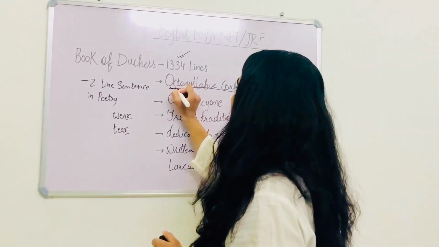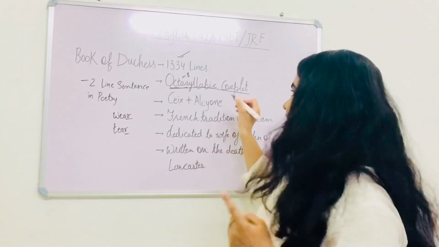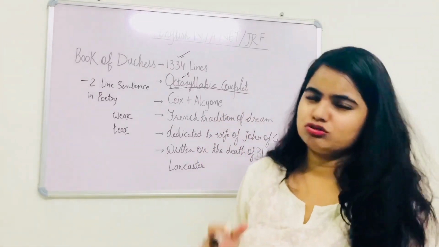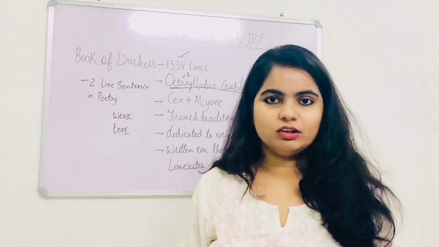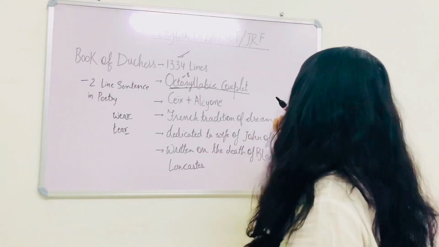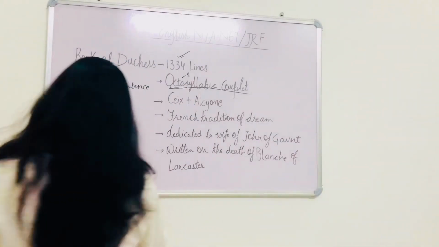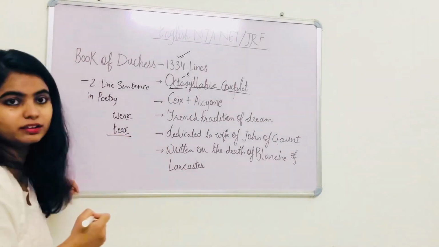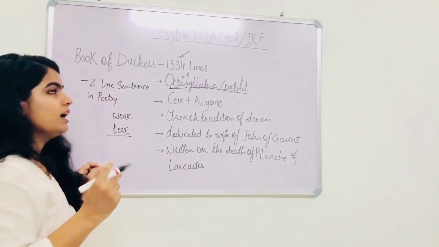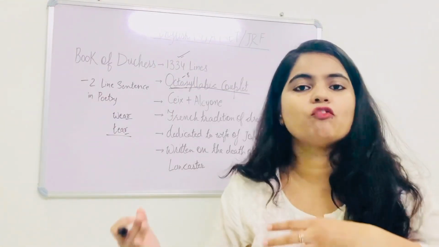What is octo? Octo means 8, and syllabic means syllable, right? So if you do not have any prior knowledge of what is a syllable, let me tell you first. For example, if you take any word, like if I take tear, you just have to count how many vowels are there.